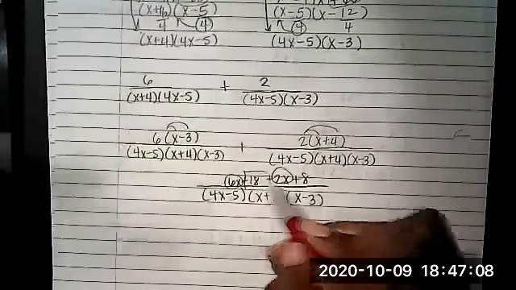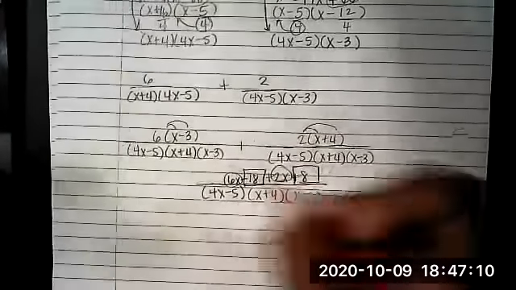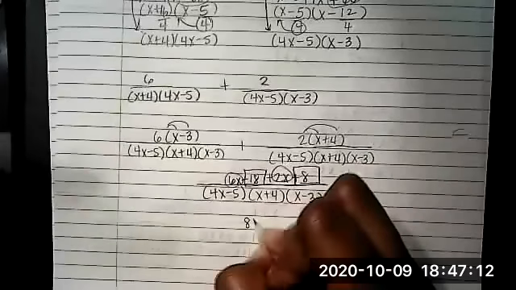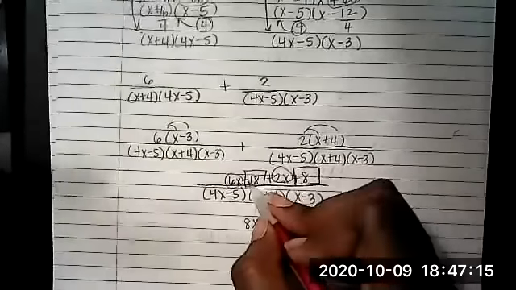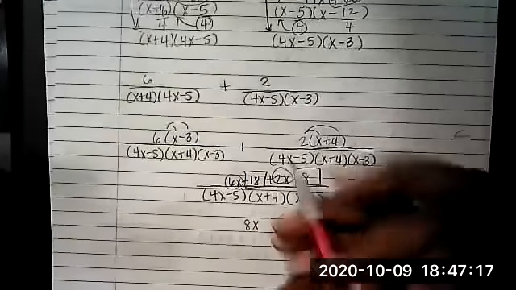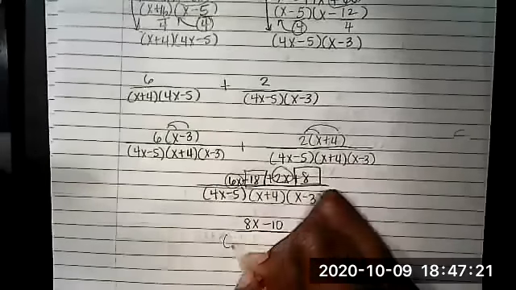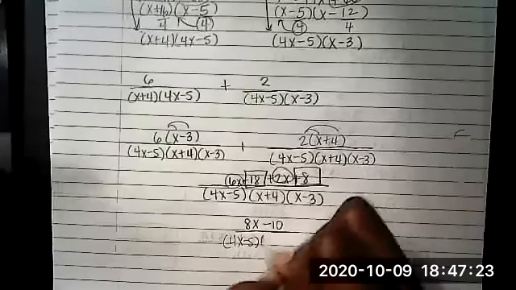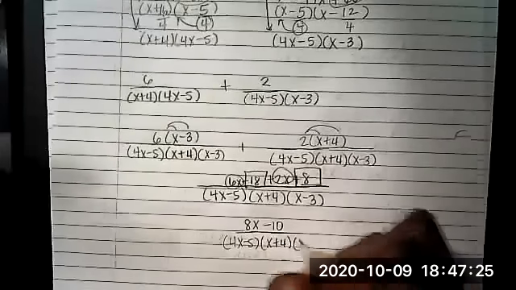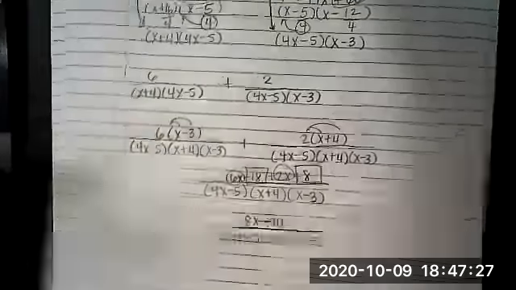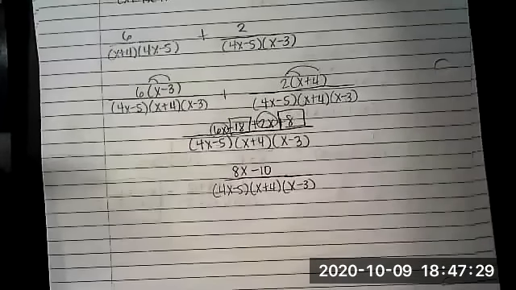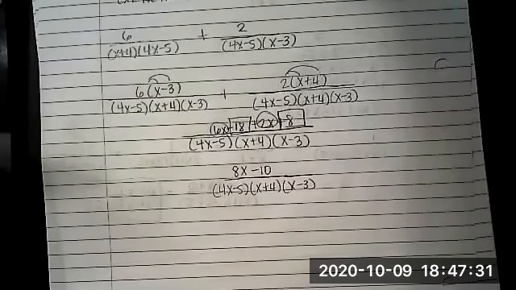Combine like terms there. This becomes 6x plus 2x is 8x. Negative 18 plus 8 is negative 10. And then at the bottom, we'll have 4x minus 5, x plus 4, and then x minus 3. Yes, it's a lot of work, but we got to the answer.